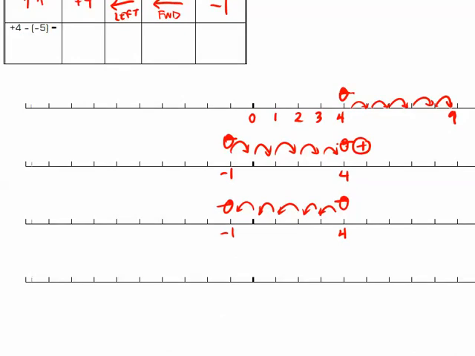The last problem, plus 4 minus negative 5. Again, we start off at plus 4, so we'll draw Bob again here. Which way is he facing? The second sign tells me that he's facing to the left, because it's a subtraction problem. The third sign tells me what direction he's actually moving. He's facing the left, but I'm asking 5 steps ago, or if he steps backwards 5 steps, where will he be?